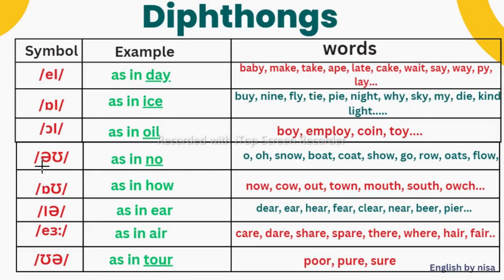Here you have to see the difference: the inverted E and U produce the O sound like in no, but the A and U symbol produces the ow sound, like in now. This I and E produce a sound like ear. This E and inverted E produce a sound like air, like in care, share, spare. And this makes a sound like tour, poor, and sure.